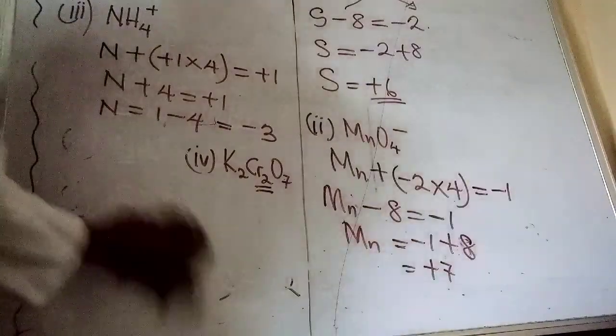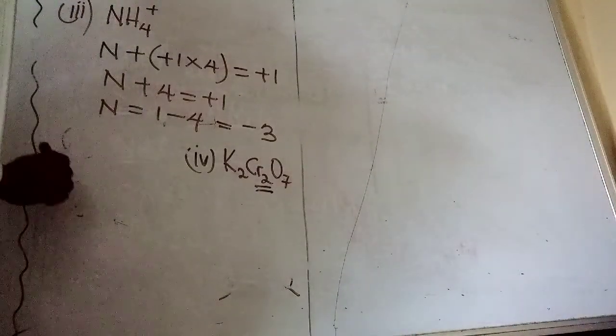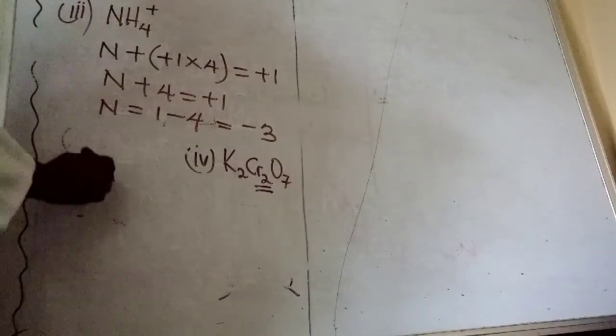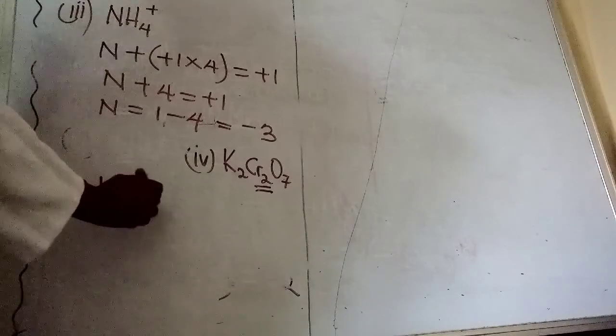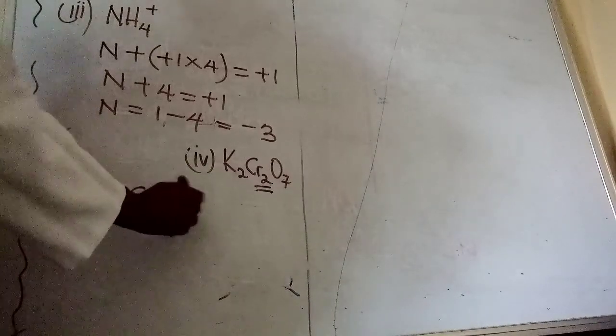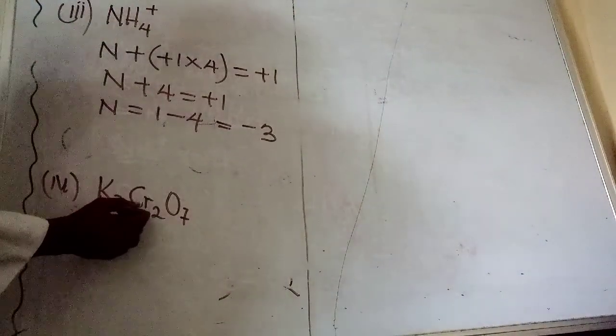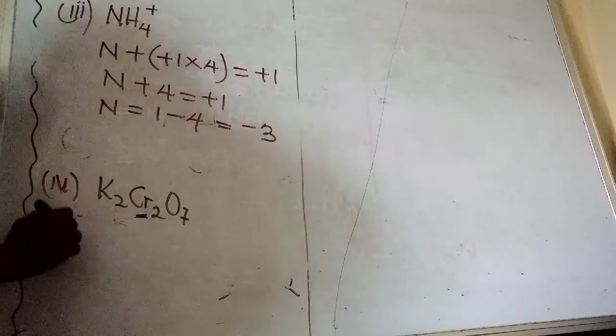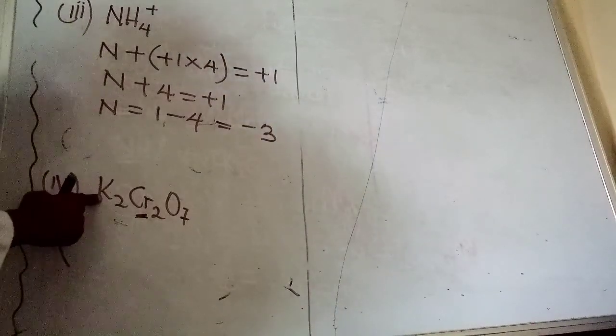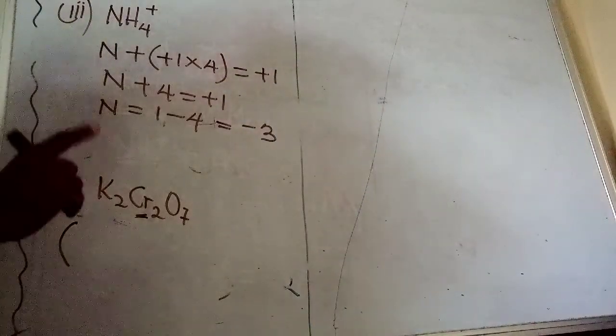Finally, we want to deal with the last question, which is from figure 4, K2Cr2O7. So this is what we are looking for, chromium. So potassium has oxidation number of plus 1.